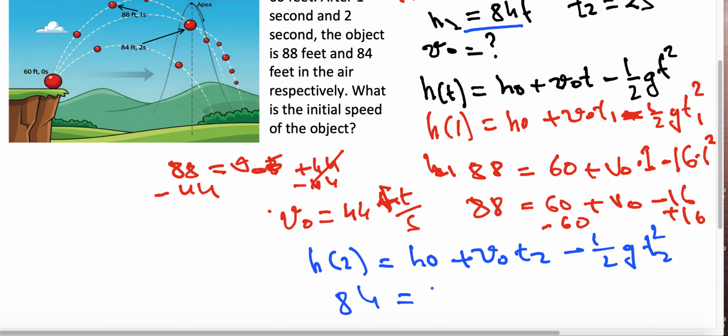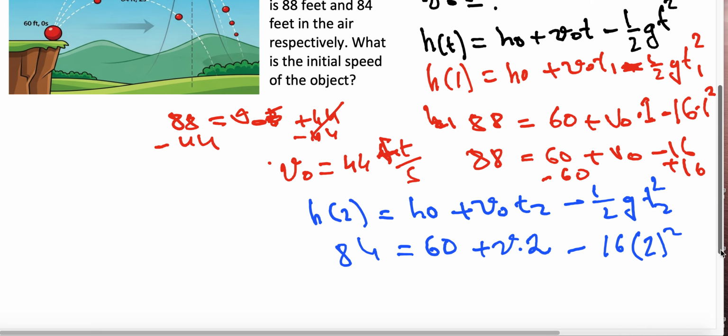84 is equal, h0 is 60, is the same. Plus v0, and is time 2, is minus, and this we already know is 16, and t square is 2 square.